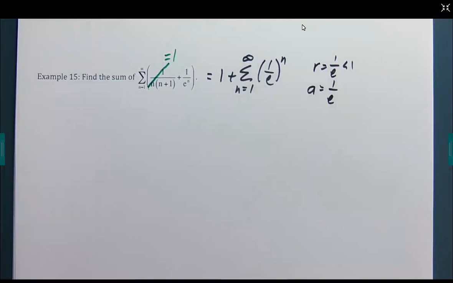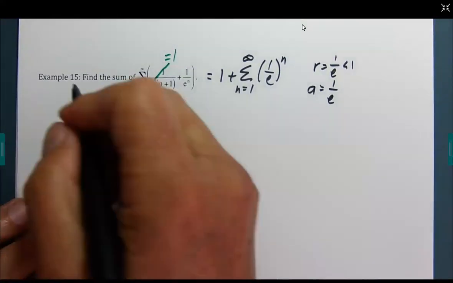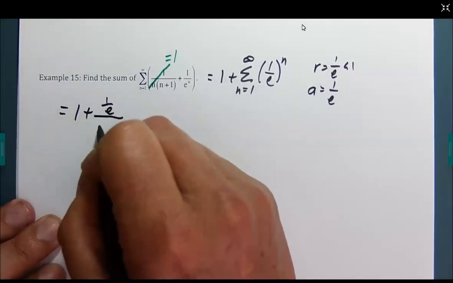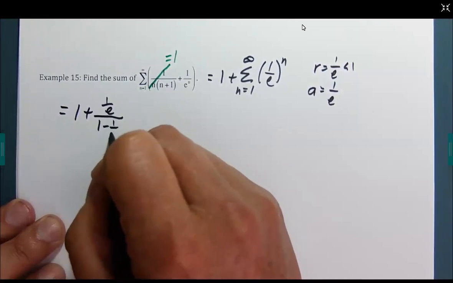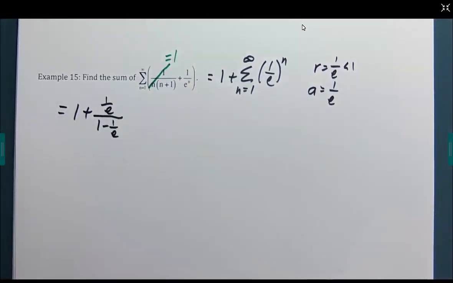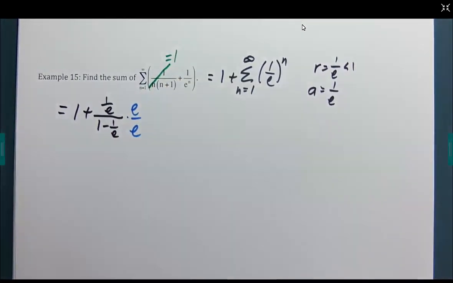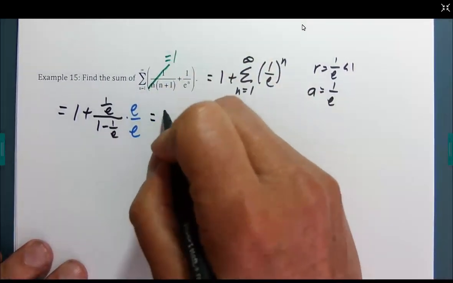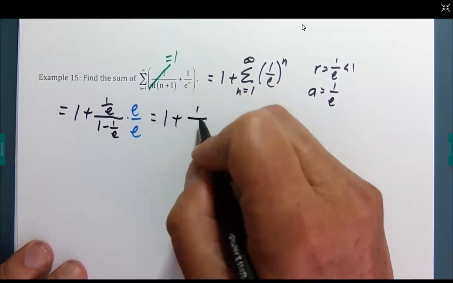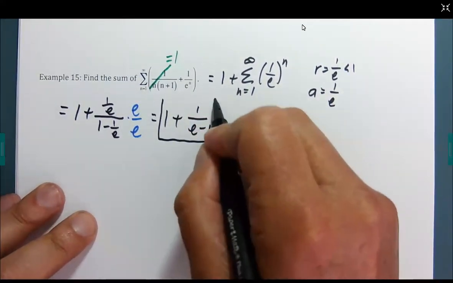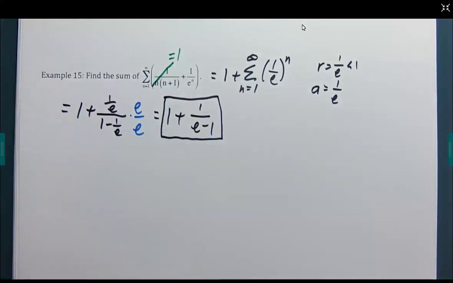This one's very similar to the first one that we did. So we're going to end up with 1 plus 1 over e over 1 minus 1 over e. And I'm going to try to clean that up a little. I'm going to multiply the top and bottom both by e. So 1 plus 1 over e minus 1. And that's as good as we're going to get that, unless we want to get a common denominator, which we could do. It isn't necessary. And that is the end of section 11.2.